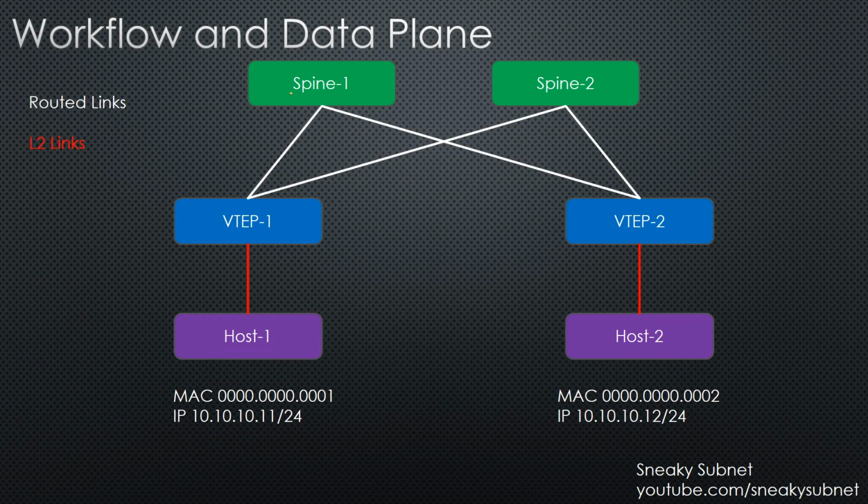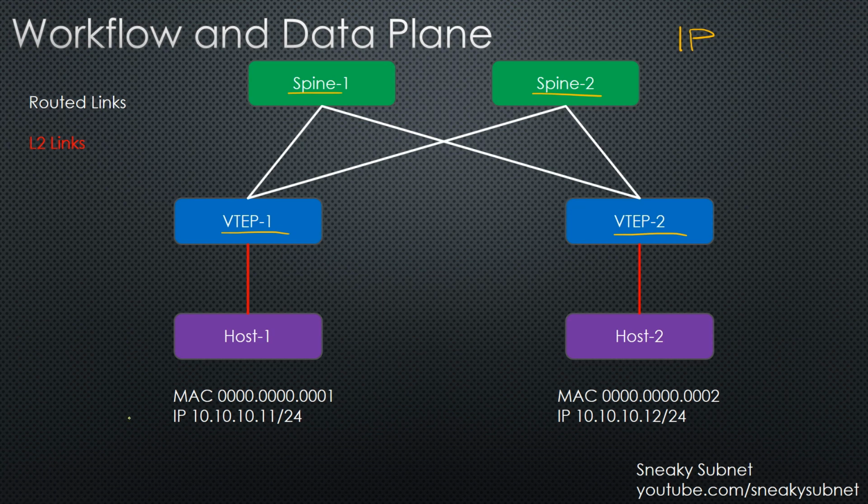Now let's discuss this level, where our spines are located. Typically, these guys are not aware of VxLAN, so they do not act as VTEPs. The core idea behind these devices is to just forward IP traffic.